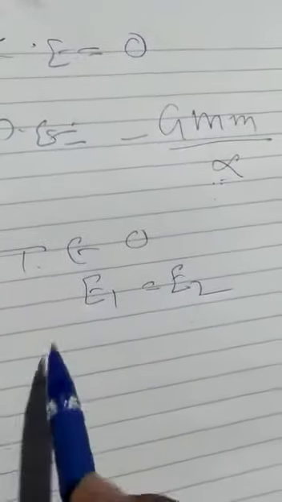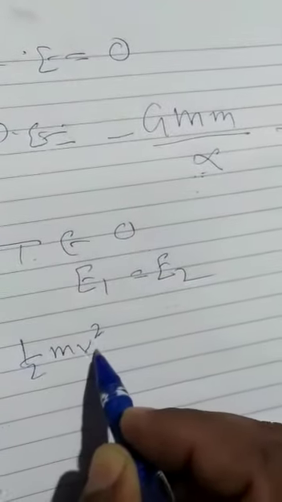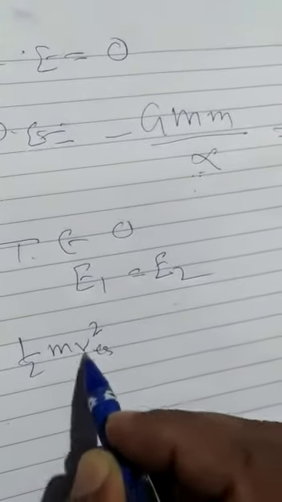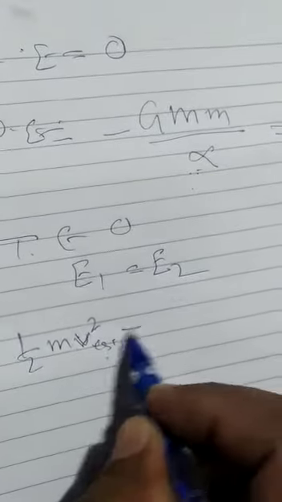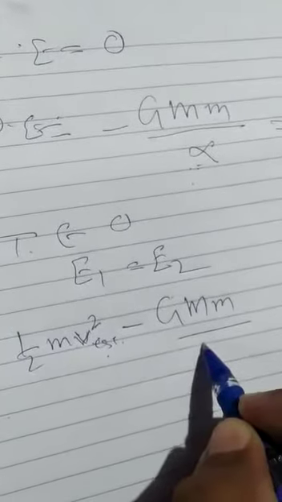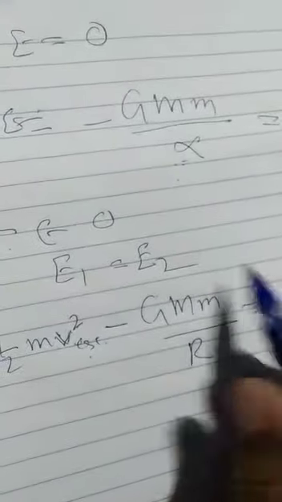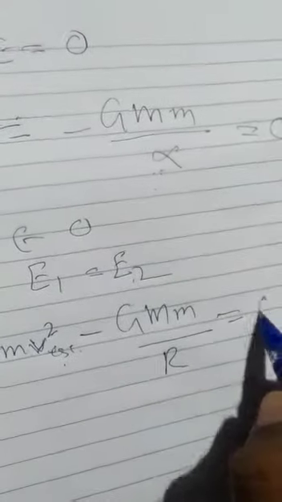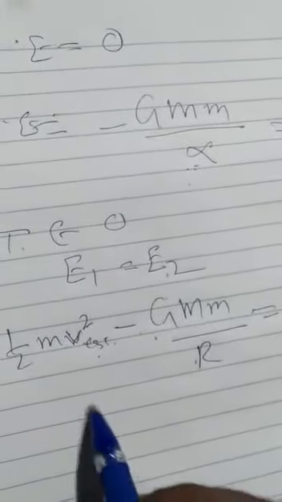But E1 is half mv square, where v is the escape velocity, minus GMm upon r. That is equal to E2, which is 0. Taking the negative term to the other side, it becomes positive.